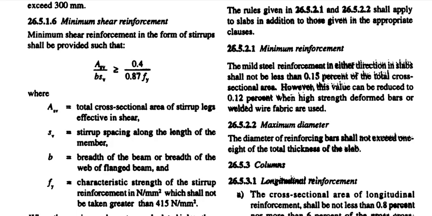However, the value can be reduced to 0.12% when high strength deformed bars or welded wire fabric are used. In this case we are using HYSD bars, so the second value, 0.12% of cross sectional area, will be used. Let's go to notes and check.